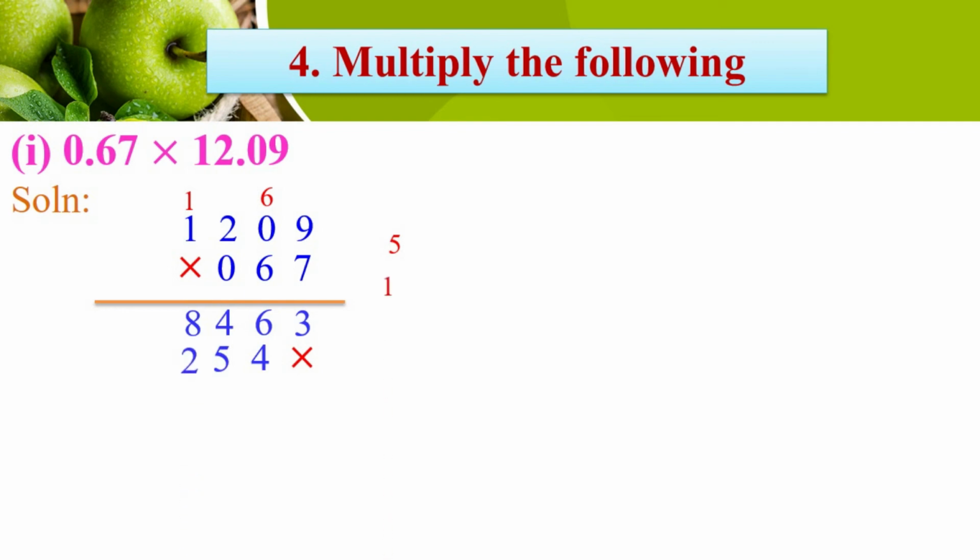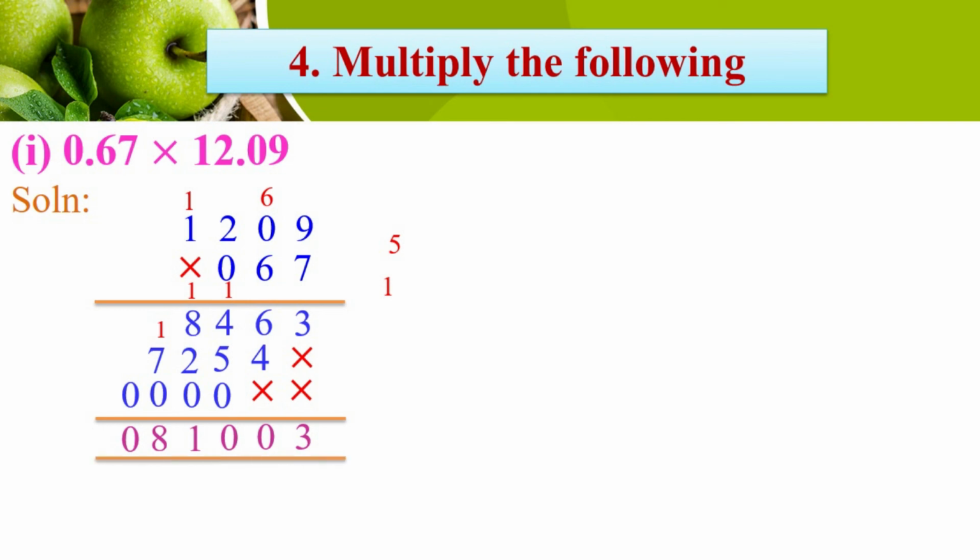Remaining 1. 1 six is 6 plus 1, 7. Then multiply with 0. 0 multiplied with any number, we get 0 only. Now add the values. 3. 6 plus 4, 10. 0, remaining 1. 10. 0, remaining 1. 8 plus 2, 10 plus 1, 11. Remaining 1. 8.